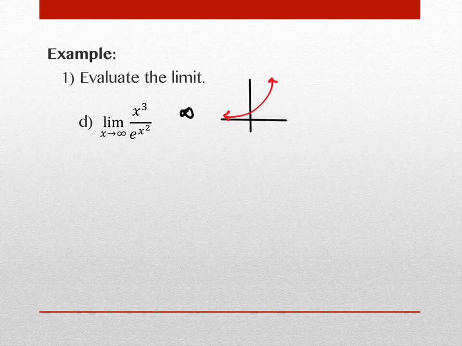This is not how you should say it, but I'm going to say it anyway. Infinity squared is infinity. And if you have e raised to an infinite power, you have infinity. Okay? So this is in infinity over infinity form. And therefore, we do have L'Hopital's rule that we can apply.